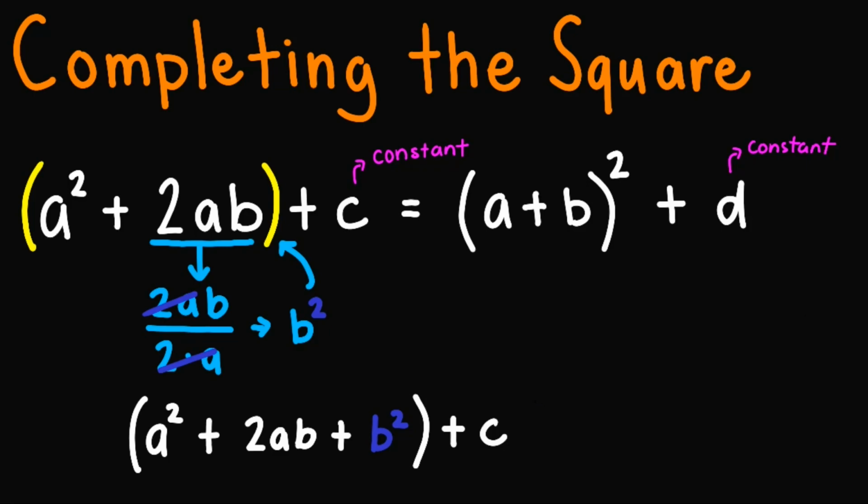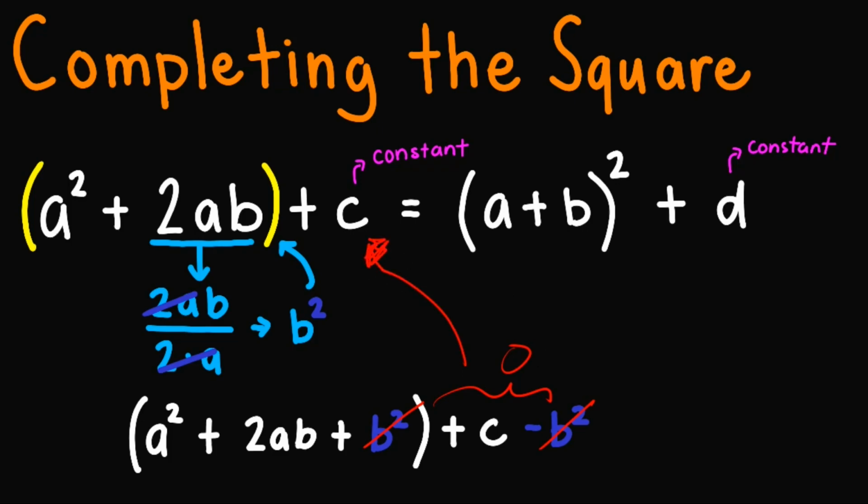But since we add b squared here, to preserve the value of the original expression, we must subtract b squared outside. So that when we simplify, this would just be equal to 0, which is the same as this one.